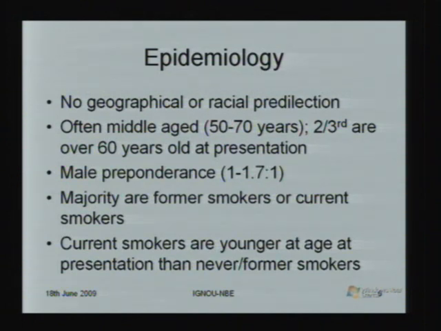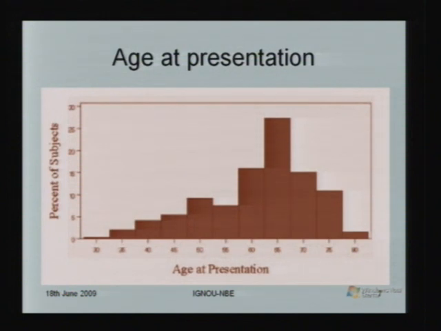So the smokers present earlier, as we will see in a short while, and the current smokers are younger at presentation than those who have never smoked or who have been former smokers. So this slide shows that the age at presentation of IPF happens to be between 50 to 70 years, as you can see in this bar diagram.